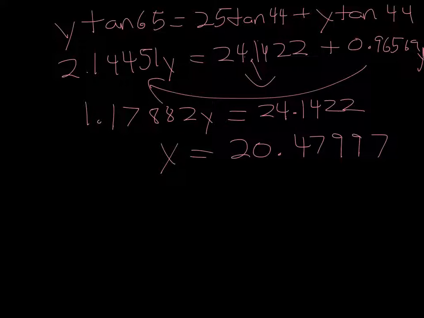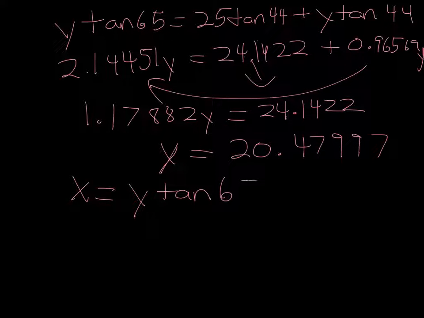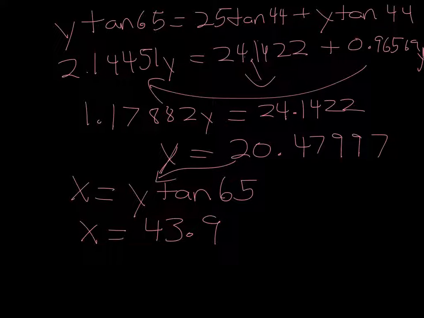I needed to get the x value. That first equation we wrote was that x is equal to y times the tangent of 65. I now know the y value, so plug in that 20.47997 multiplied through by the tangent of 65, and you should get a value of 43.9.